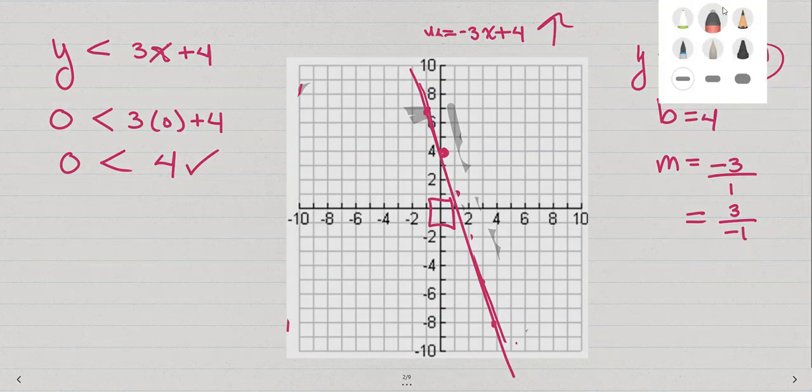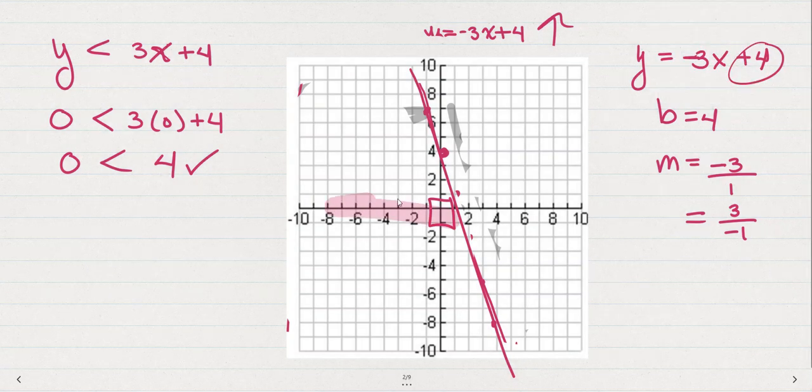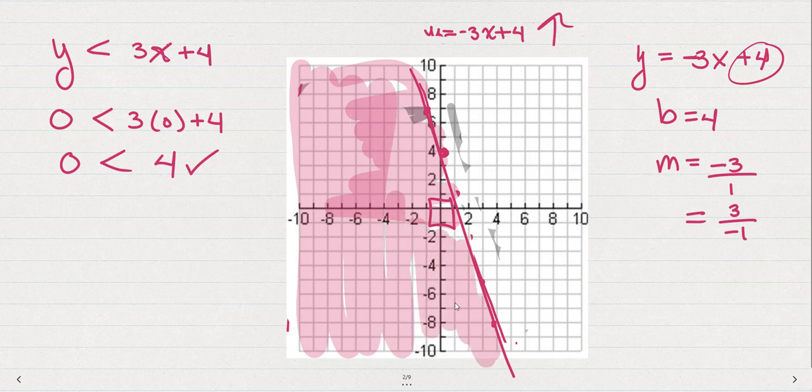So it looks like the half plane that includes this point 0, 0 is the half of the plane that's to the left of the line over here, because it contains our test point 0, 0. And so a graph of an inequality with two variables would be a half plane.